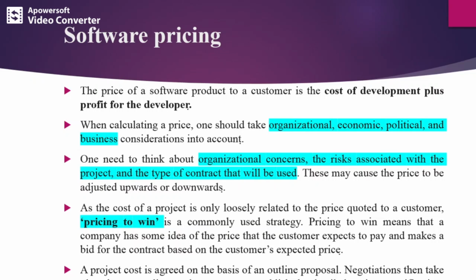Pricing to win means that a company has some idea of the price the customer expects to pay. While having conversations with the customer, you might not know at the initial stage, but by two or three meetings you will get to know how much they are ready to pay.